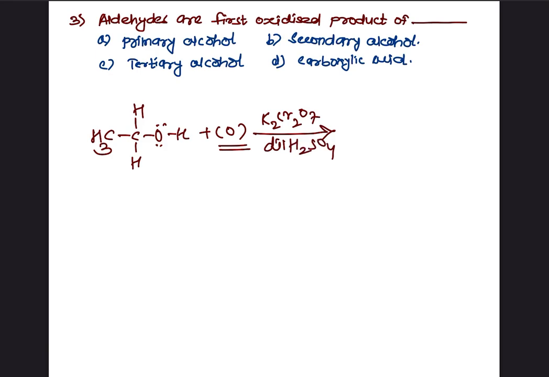Now the nascent oxygen will combine with this hydrogen, then shifting of this bond, then removal of one more hydrogen, a removal of these two hydrogen atoms. Removal of hydrogen is oxidation, and the product is acetaldehyde. Further oxidation of this gives acetic acid.